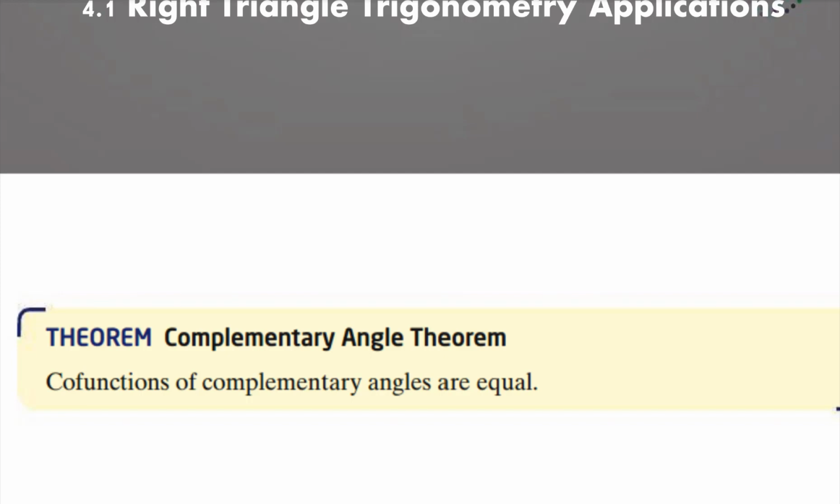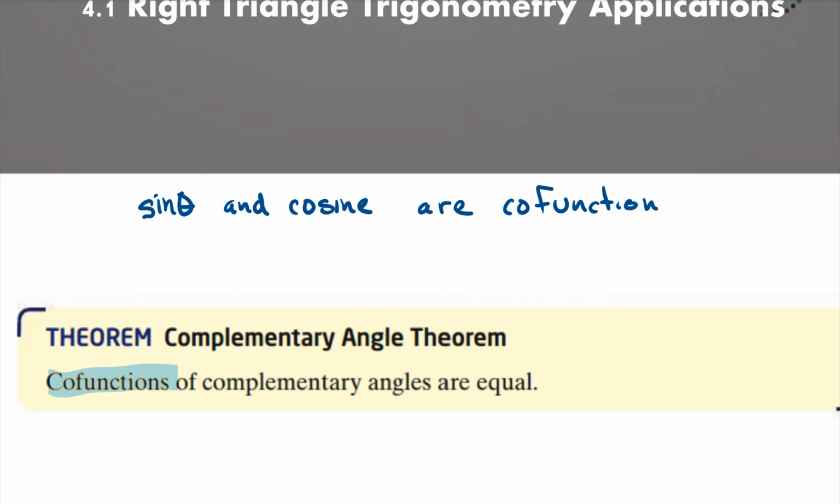Well, first let's start with this word, co-functions. Sine and cosine are co-functions. Tangent, and can you think of another trig function that starts with co and ends with tan?